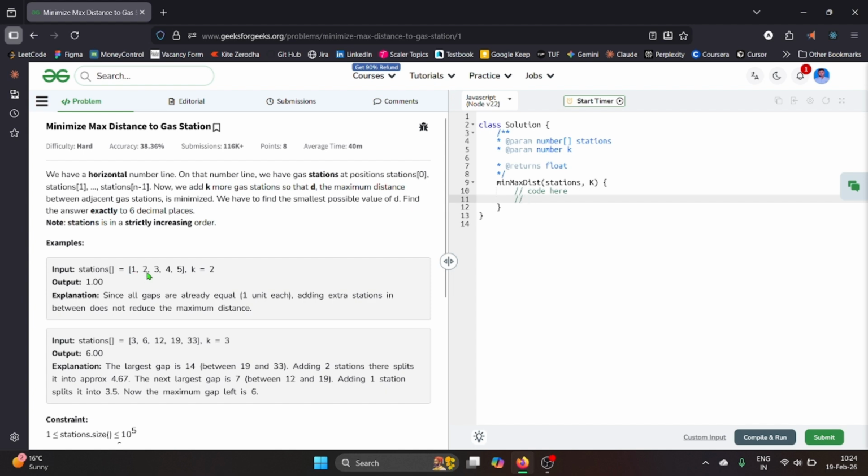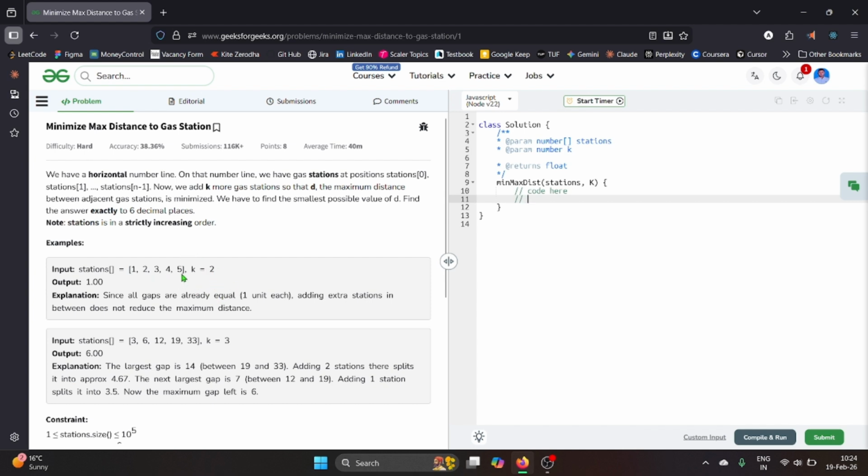The distance between 1 and 2 is 1, 2 and 3 is 1, 3 and 4 is 1, and 4 and 5 is 1. So all the stations have equal distance. We cannot put our new station in between them because we already have the minimum distance. So it is not logical to put them inside our stations.